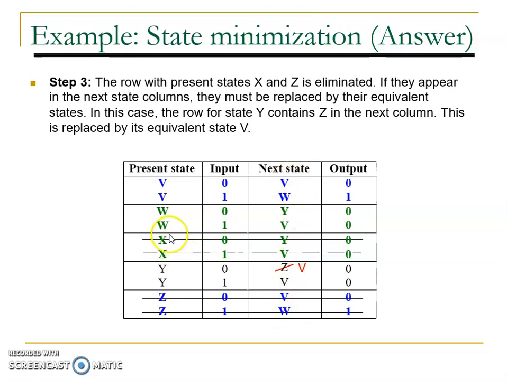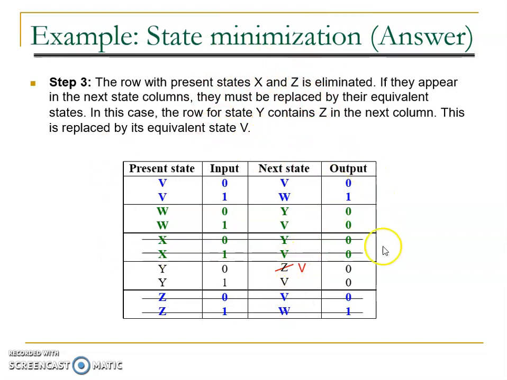So this one doesn't have X or Z. This one doesn't have X or Z. This one has Z. Z we have eliminated, but Z is identical with V. Therefore, we change Z to state V. So this is an example of the meaning of step 3.